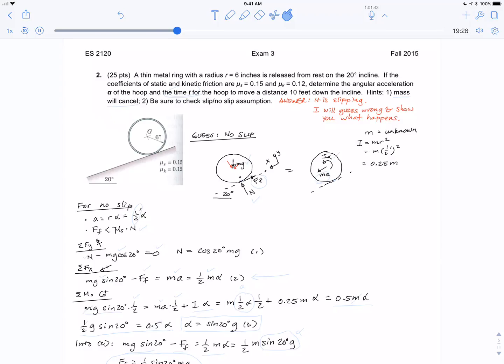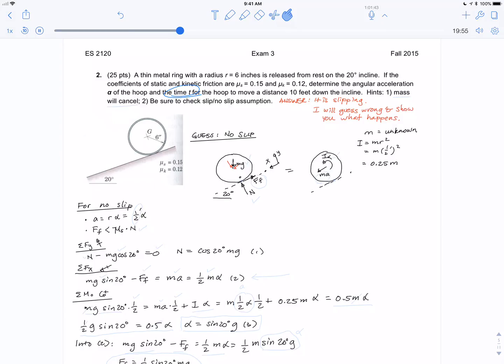And it occurs to me that on a test, I'm not going to say, oh, this is the energy problem, and oh, this is the F equals ma problem. So when you read these things, and you see something like the time t for the hoop to move a distance of 10 feet. Okay, so if it's the energy problem, energy only involves distances.